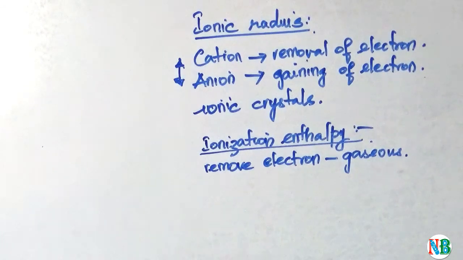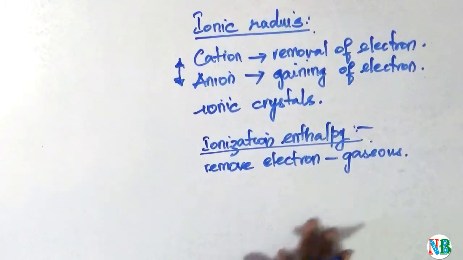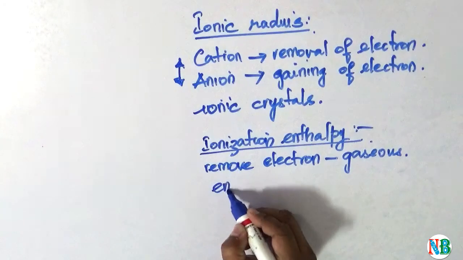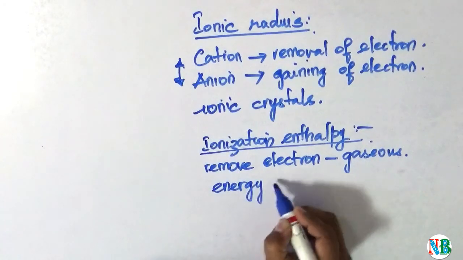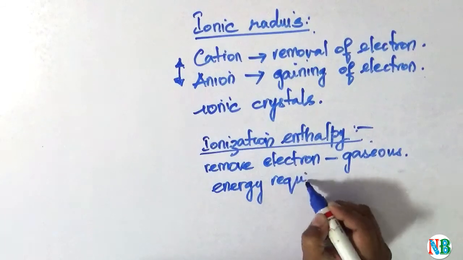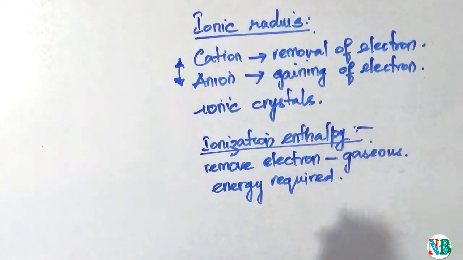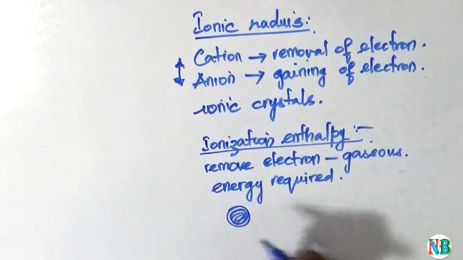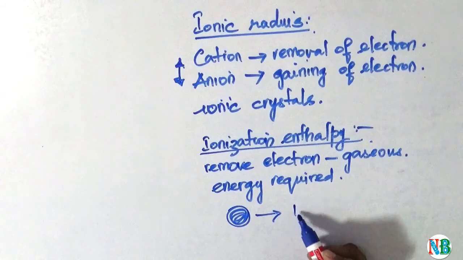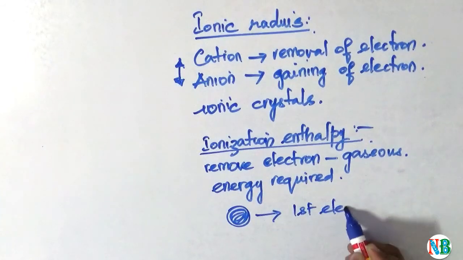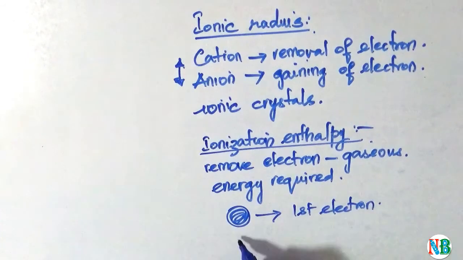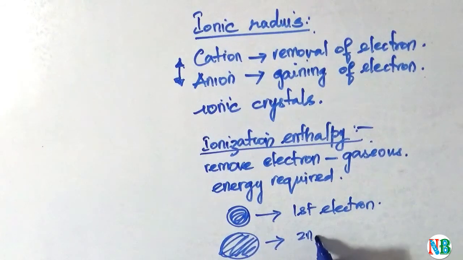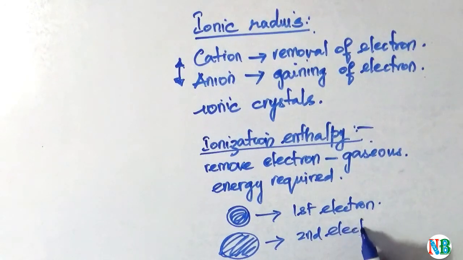So when you can remove an electron from an atom in its gaseous state, that energy required to do this work is called ionization enthalpy, considered to be one amount when you have to take out the first electron, okay, and goes on increasing more when you have to take its second electron, and so on.